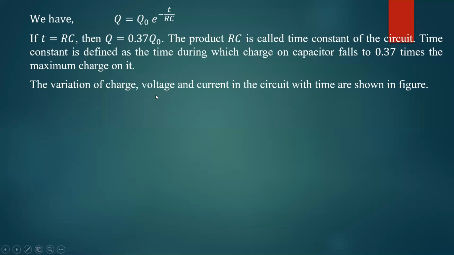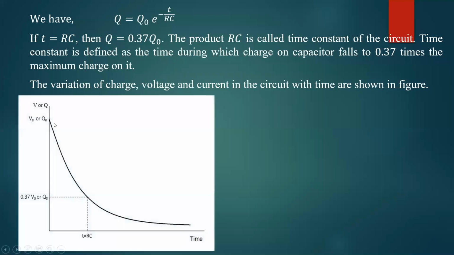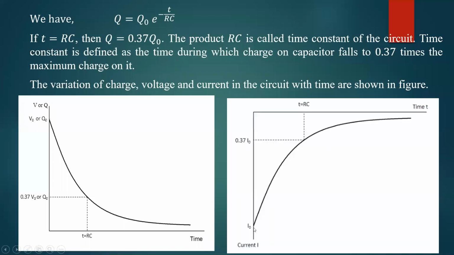So how can we represent the voltage, charge and current variation? In this figure, you can observe the variation of charge: it is going to decrease. Both voltage and charge decrease exponentially according to this equation. This is the discharging case. At time t equal to RC, voltage and charge become 0.37 times the maximum voltage or maximum charge. Then how is current represented?